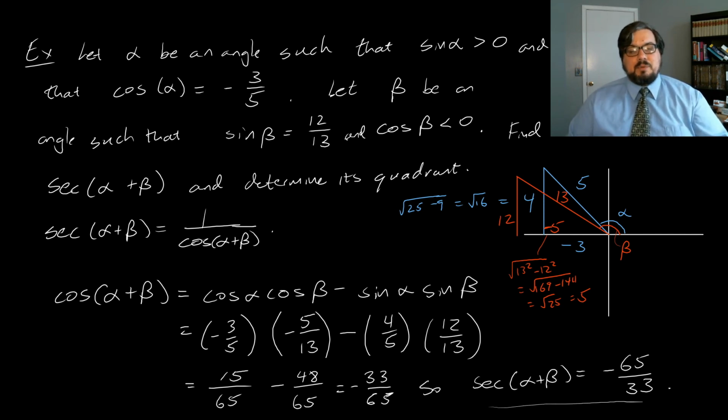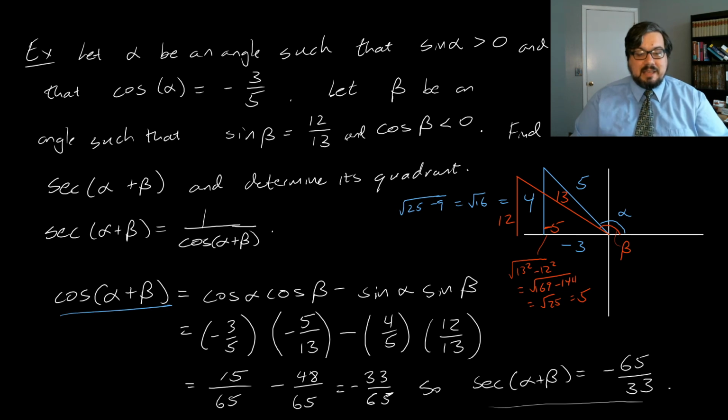But what about the second part? How do we determine its quadrant? Well, we can use some information that we already have. We have that cosine of this angle, alpha plus beta, is negative 33 over 65. This means that we know that the angle sits somewhere in quadrants 2 or 3, because that's where cosine is negative.